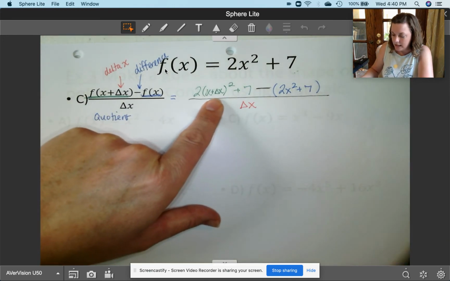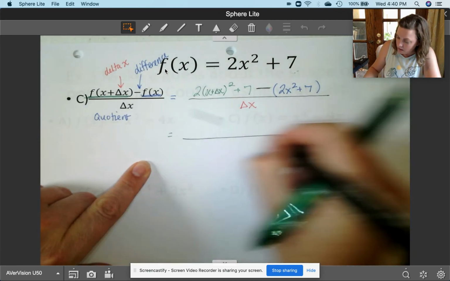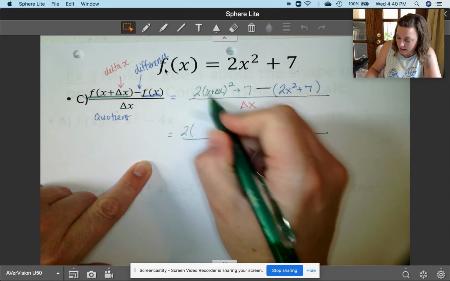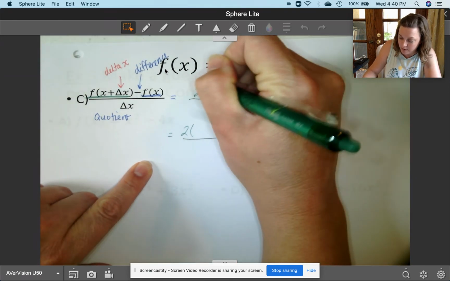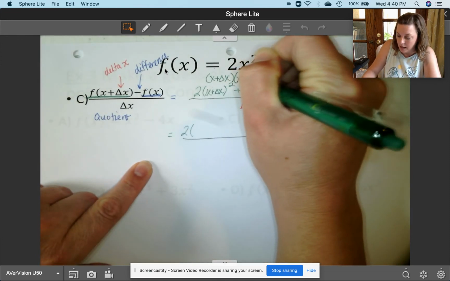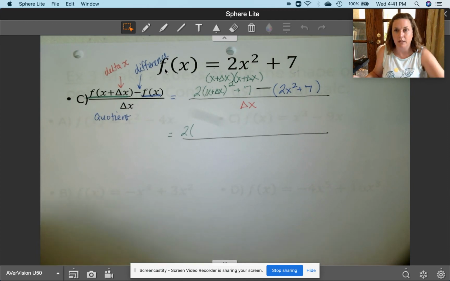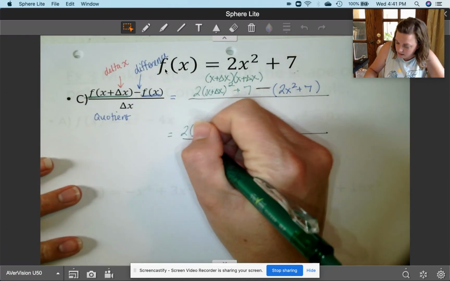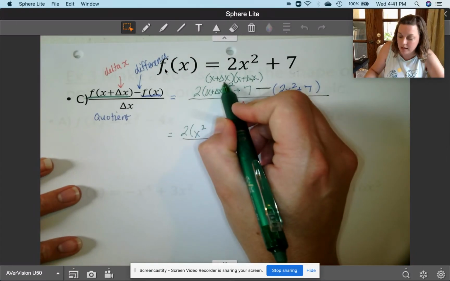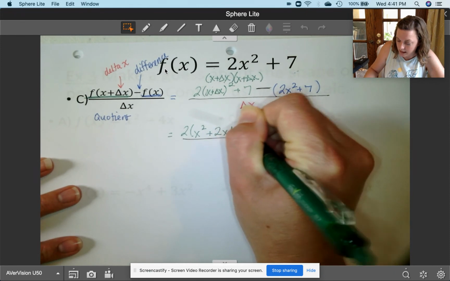I'm going to go ahead and we're going to expand this binomial. Lots of room here, lots of space needed. I have to do this first. Remember, there's 2 of them, x plus delta x, and this could be confusing. x plus delta x. Hopefully you won't have very many of these. x times x is x squared. x times delta x, and another x times delta x is 2x delta x.